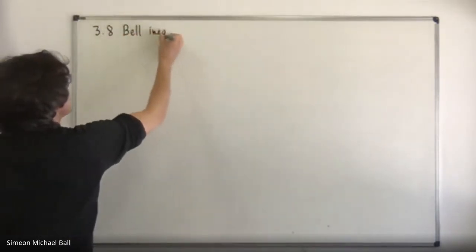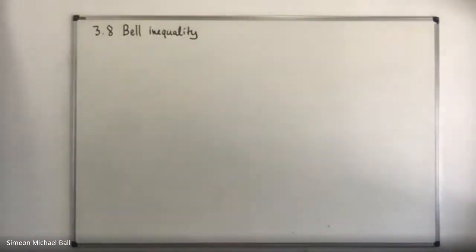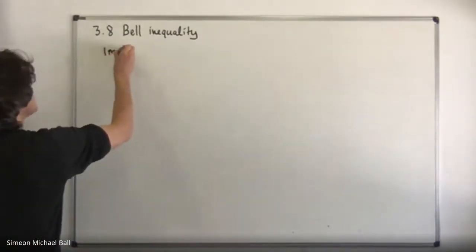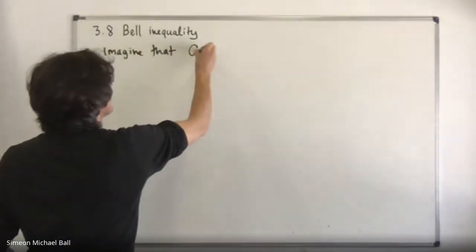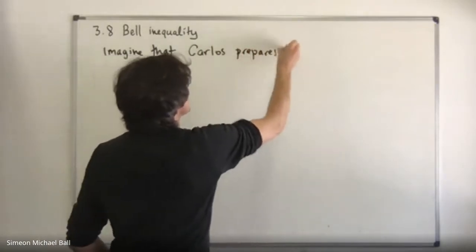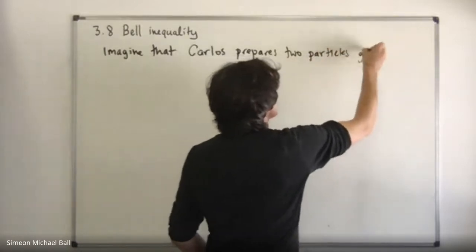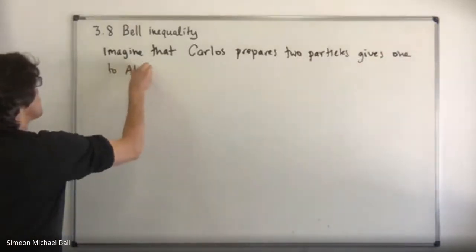This is the famous Bell inequality. So let's imagine that Carlos prepares two particles, gives one to Alice and one to Bob.